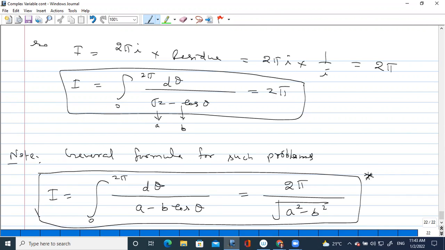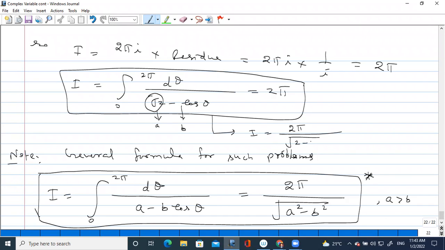And here, because a square minus b square is there, so a must be greater than b. That is also you have to ensure. Suppose here, because under root 2 is more than 1. Understood? So it is satisfying the same condition. So if I apply the same formula here, so I will be equal to 2 pi by under root a square, a square is 2, minus b square.